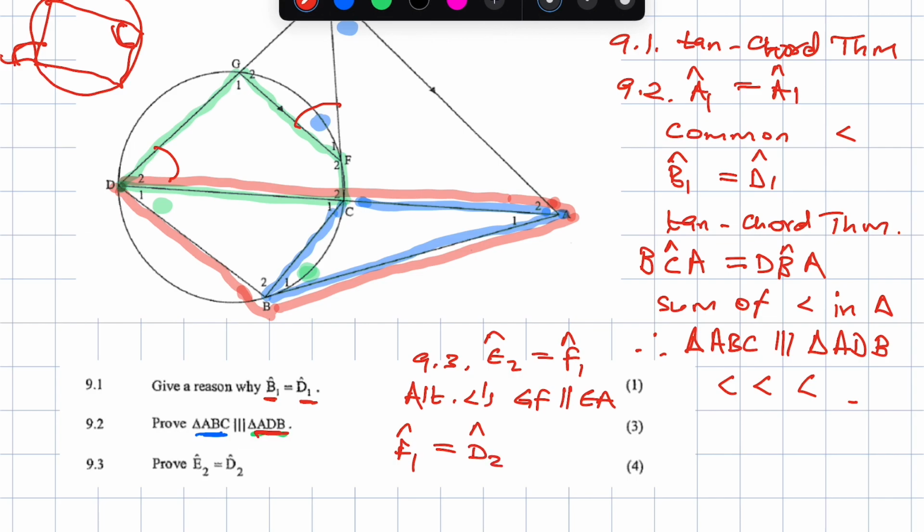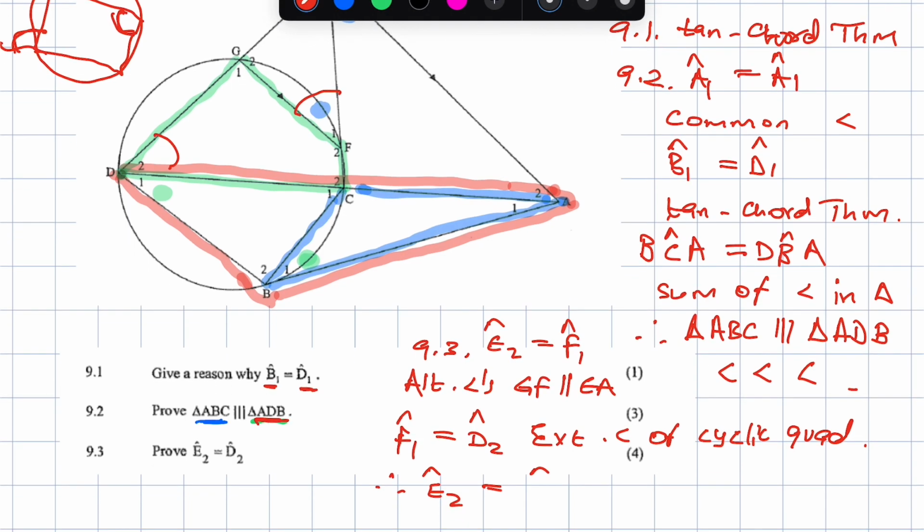Angle D2, that will be exterior angle of cyclic quad. Then we can now conclude and say, therefore, angle E2 is equal to angle D2 because they're equal to the same angle. Both of them are equal to F1. Then we have proved that.